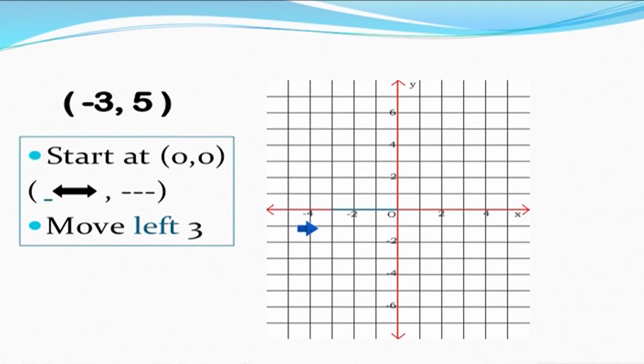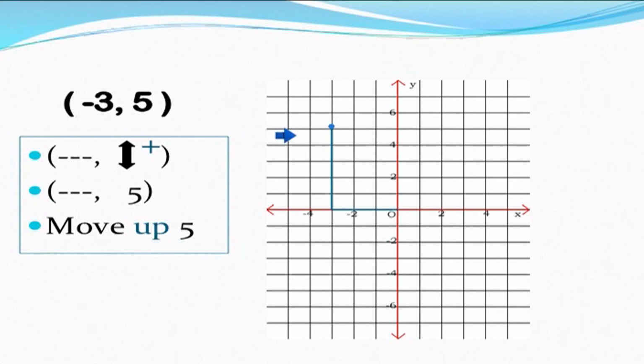We start at (0, 0). As 3 is negative, we move left from the origin on the x-axis by 3 points, and as 5 is positive, we move up 5 points on the y-axis. The intersecting lines will create the point (-3, 5).